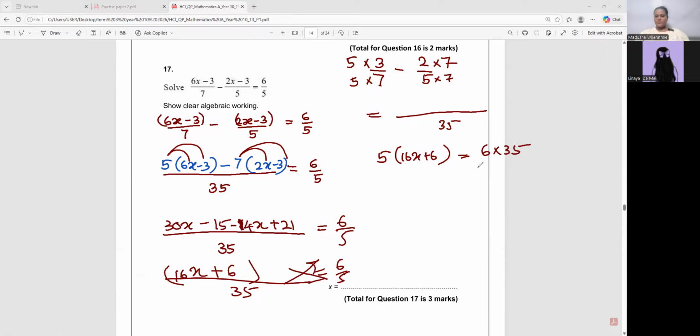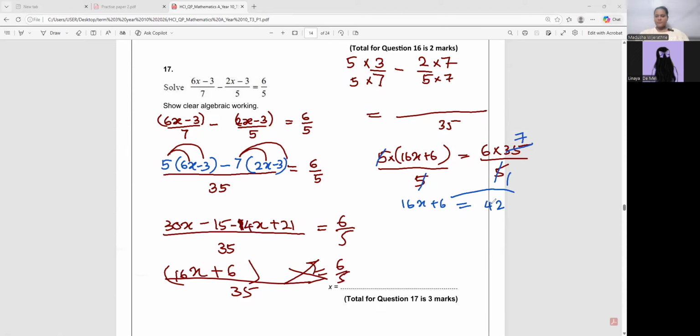Then I can divide both sides by 5 since this is 5 times. 5 and 5 get cancelled. 16x plus 6 equals 5 times 7 times 6, which is 42.